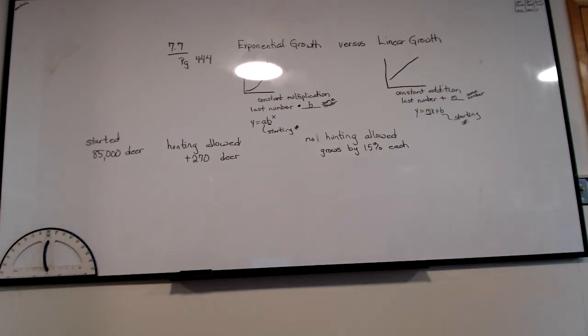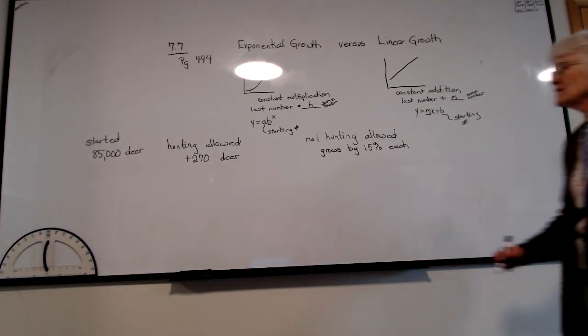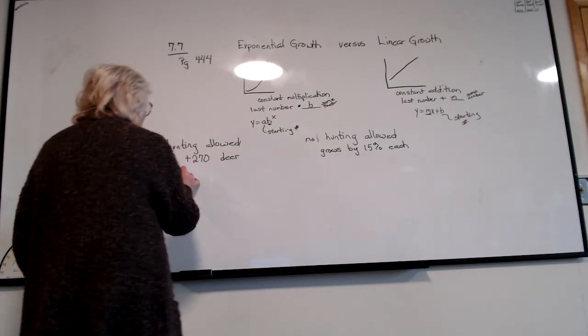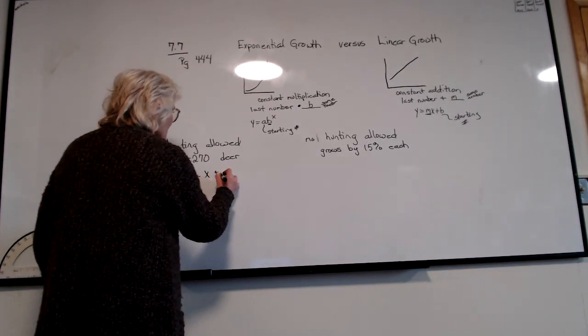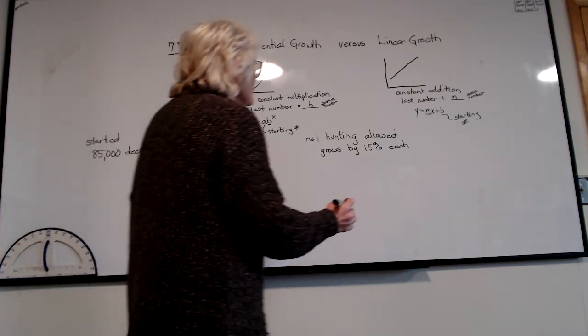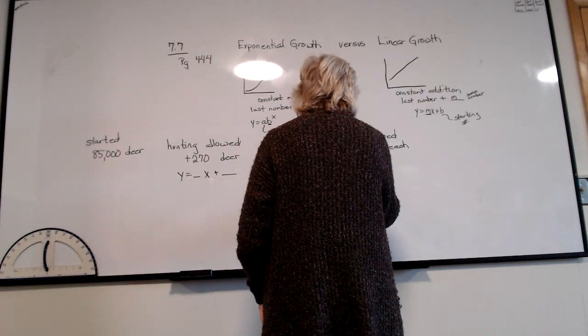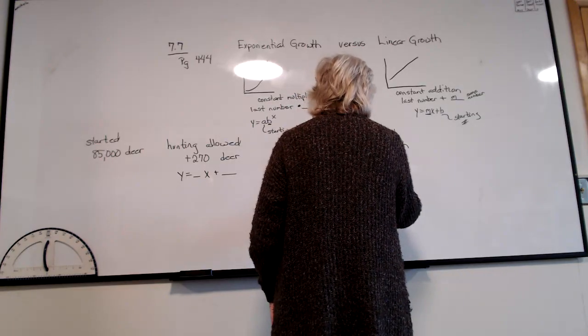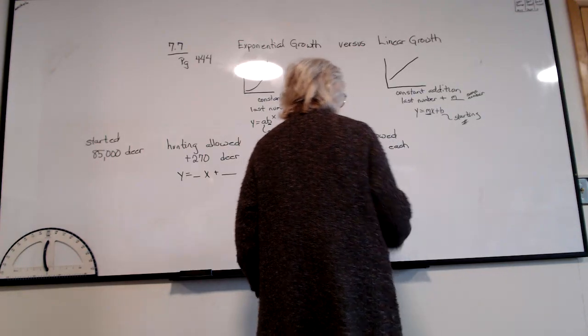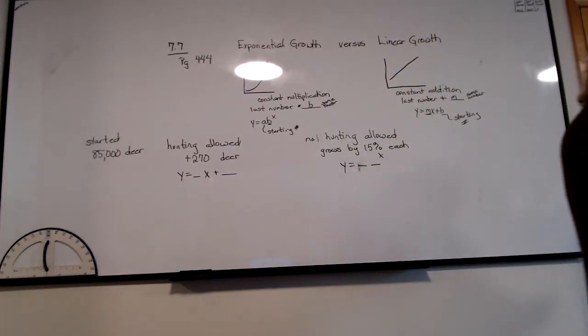Sorry, both of these. Fill in the m and the b for this one, and fill in the a and the b for this one. You have all the information you need to do that right now.